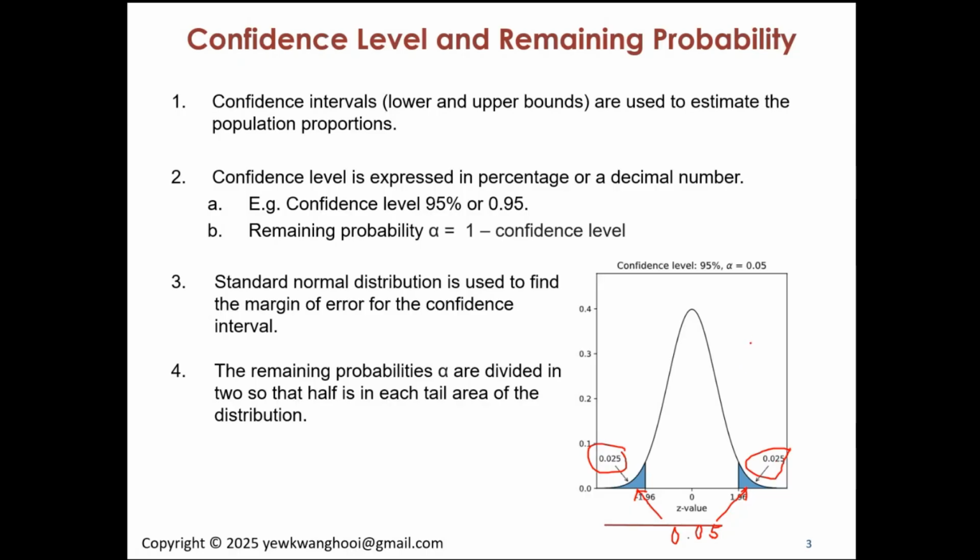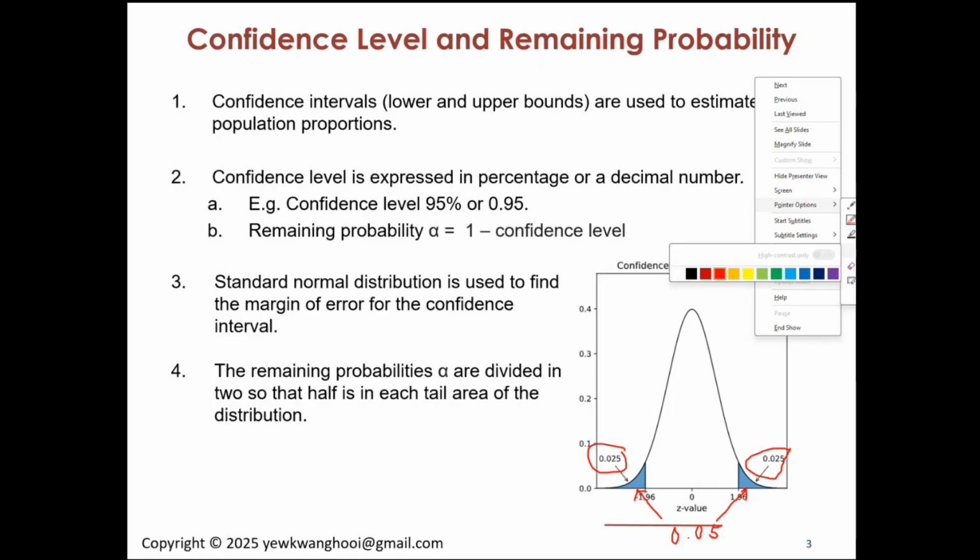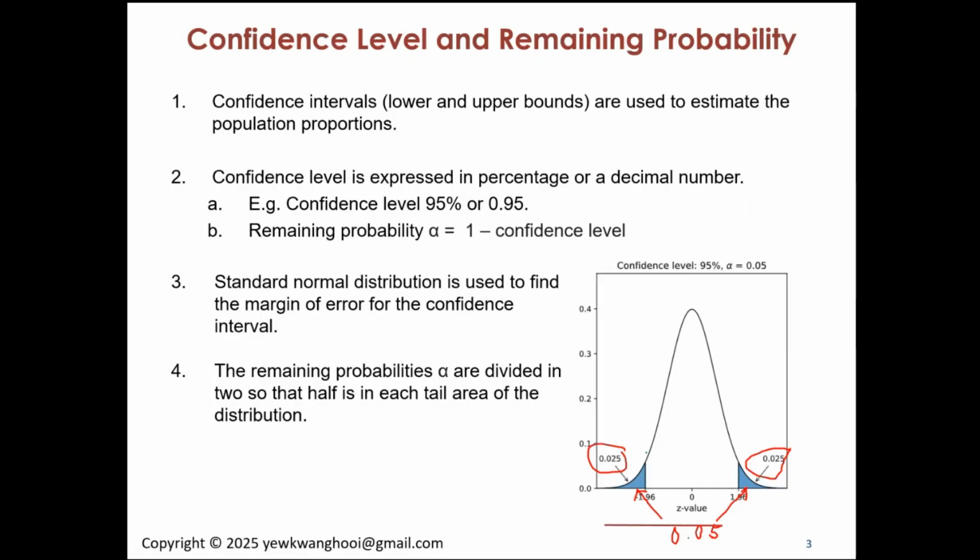Now, may I have your attention on this idea? Don't you see now? There are two parts in this graph. The part that is not shaded stands for 95%, and the shaded part is 5%.